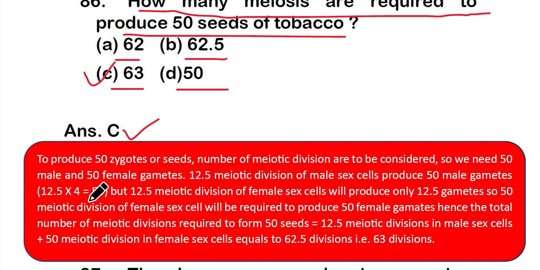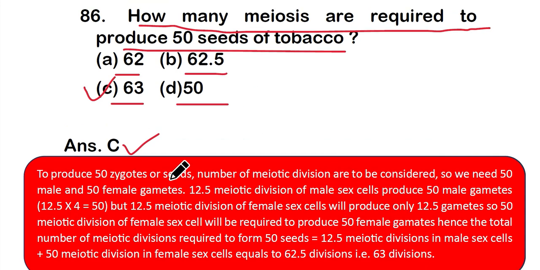So 50 meiotic divisions of female sex cells will be required to produce 50 female gametes. Hence, the total number of meiotic divisions required to form 50 seeds is 12.5 in male sex cells plus 50 in female sex cells equals 62.5 divisions, that is around 63 divisions.